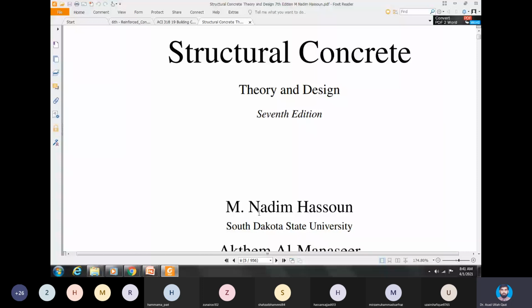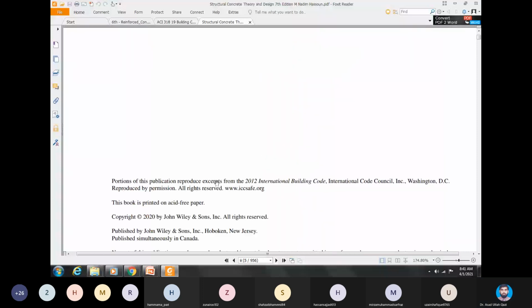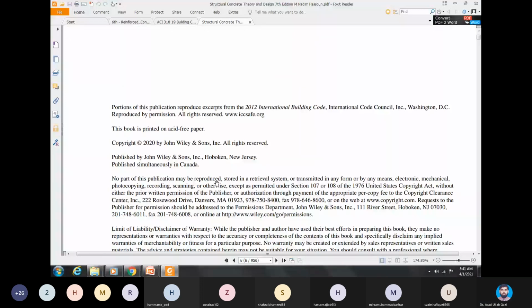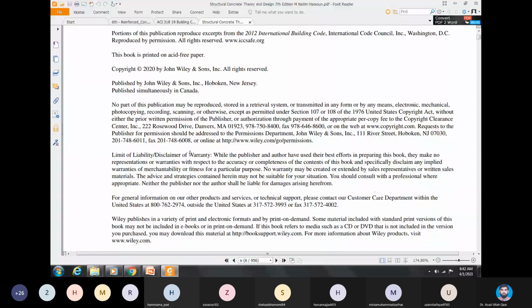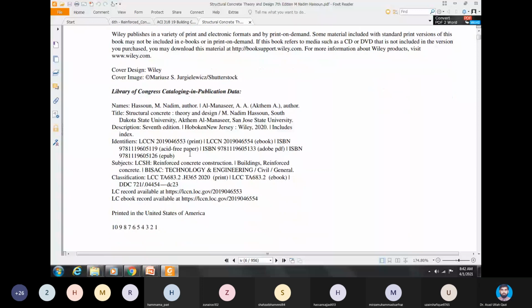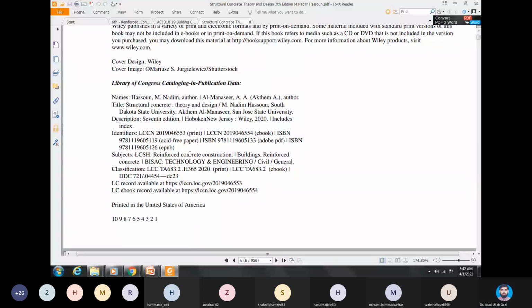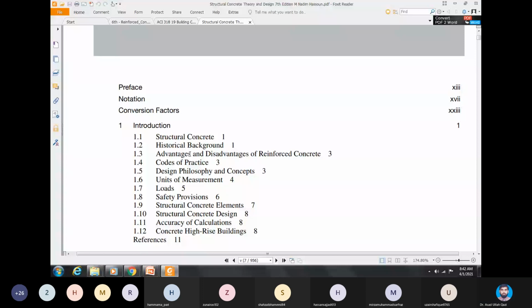And this book also is updated and copyright 2020 by John Wiley. And in this book you will find that the author is referring to 2019 publication of ACI. So in that way this book is also quite useful.